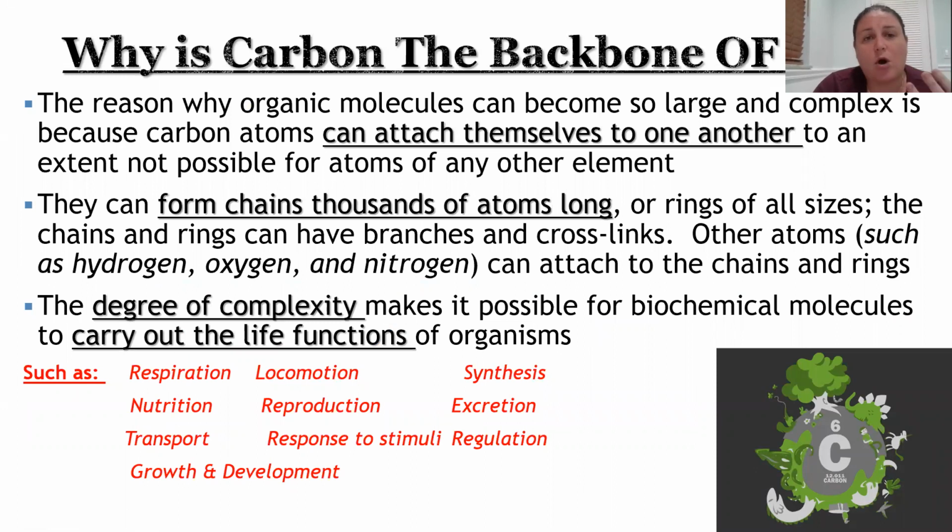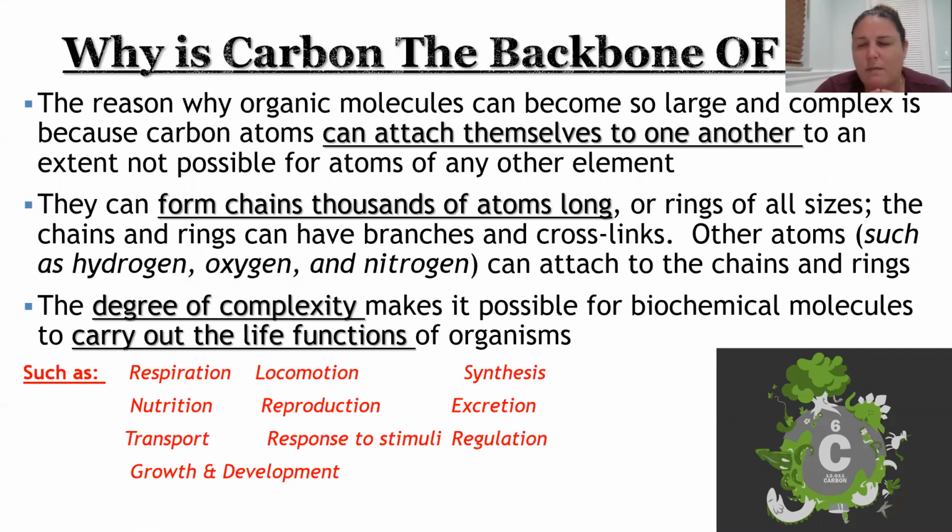Now you notice that carbon was able to make 4 bonds, and that is actually really important. Because carbon can make 4 bonds, we can make these really large molecules. Carbon can attach themselves to other carbons and to other kinds of atoms.